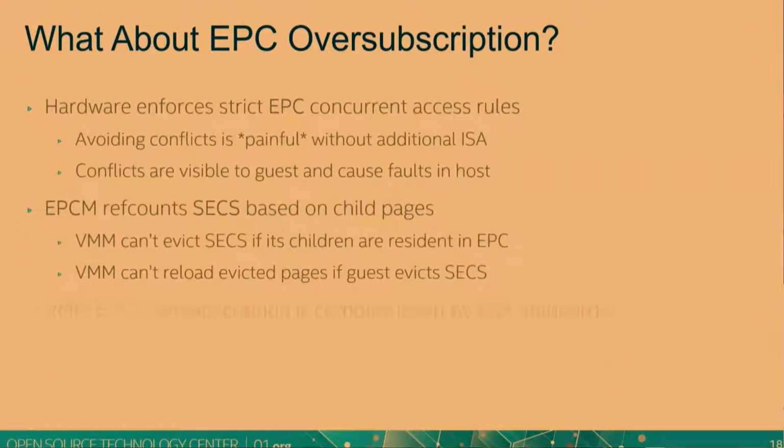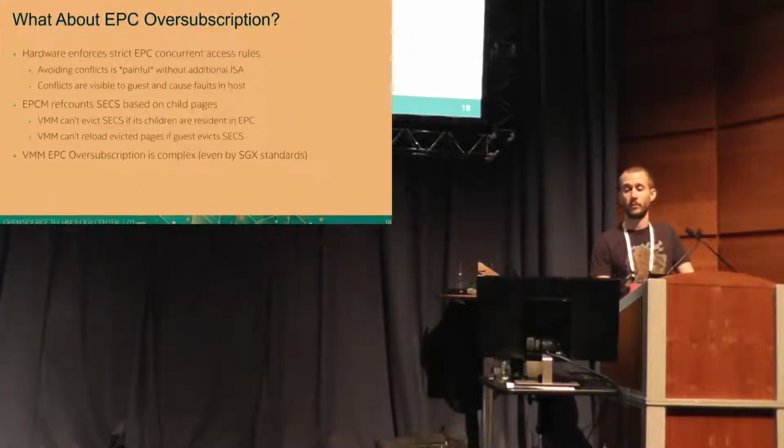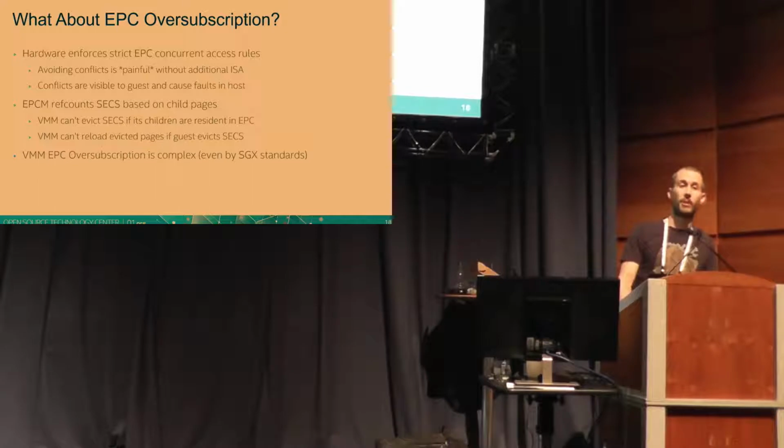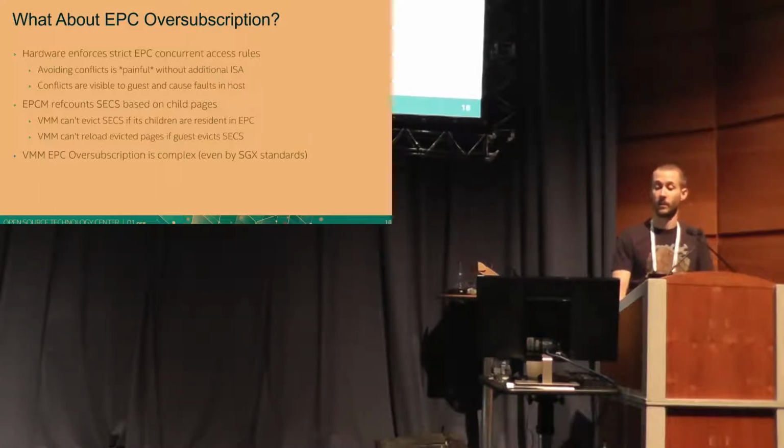Get into oversubscription real quick. The hardware enforces strict rules about how you do oversubscription, and avoiding conflicts is very painful. The real big downside is that because of all the SECS ref counting and the concurrency rules, conflicts are visible to the guest. The ref counting means the VMM can't evict the SECS if it has children that are resident in the EPC, and vice versa, it can't reload evicted pages.